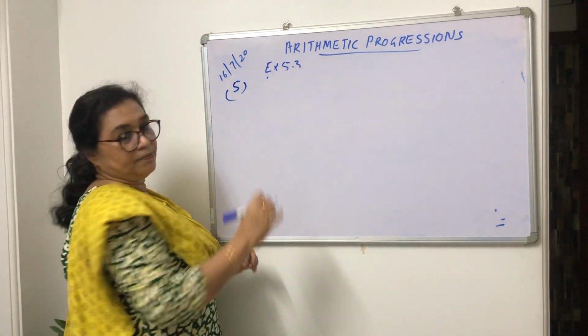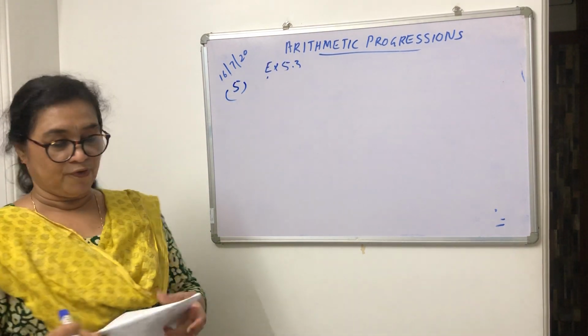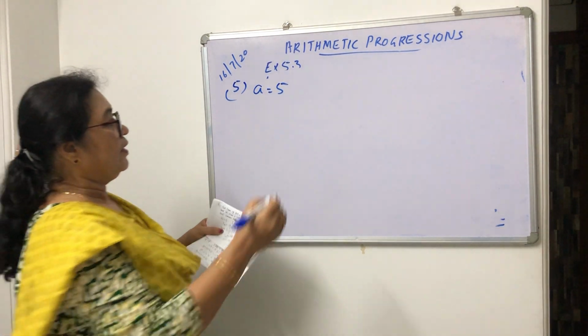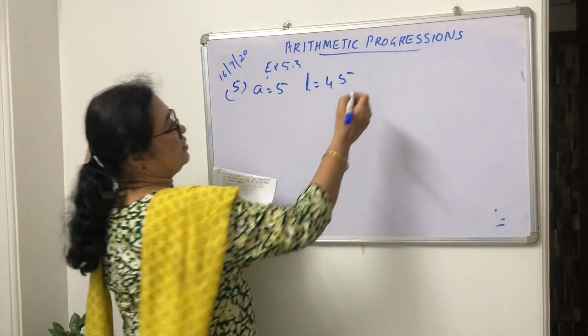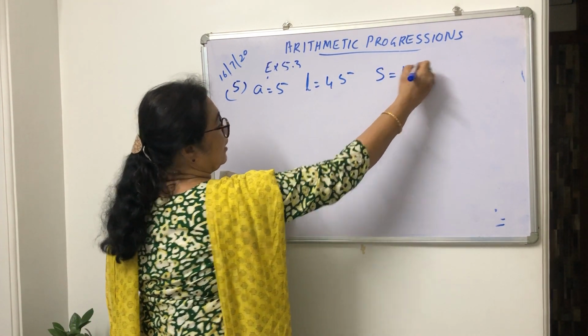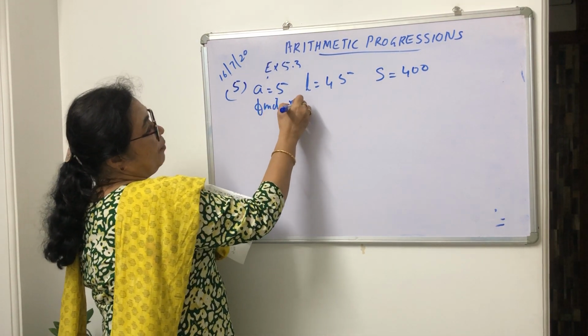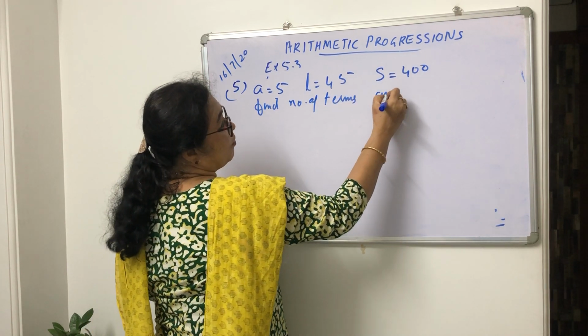Question number 5. First term of AP is given 5. So I am writing A is 5. The last term is given 45. Sum is given 400. Find number of terms and common difference.